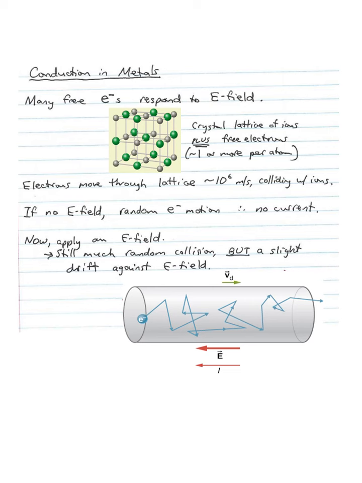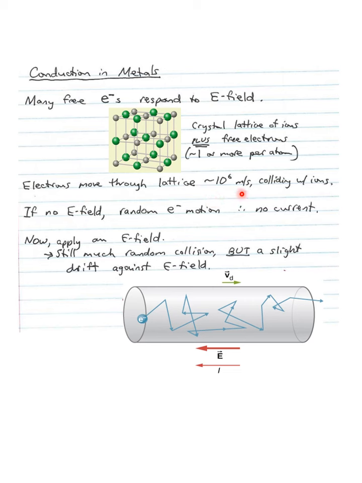So here we have a picture of a crystal lattice, atoms of a metal. And so it's a lattice of ions plus free electrons, and as I said, usually one or more free electrons per atom. The electrons move through the lattice at a very fast speed, typically about 10 to the 6 meters per second, and they collide with the ions on the way.